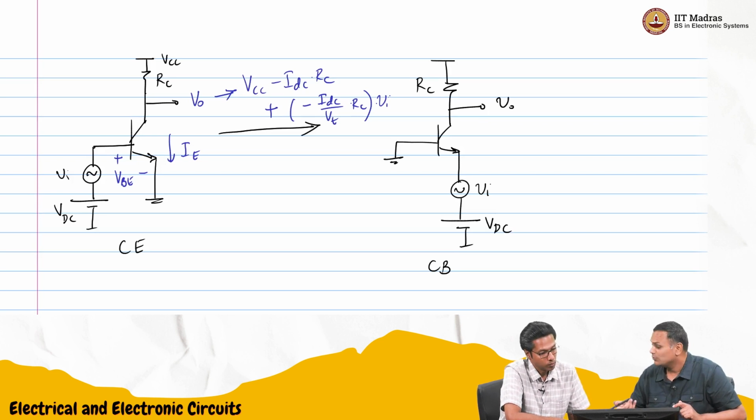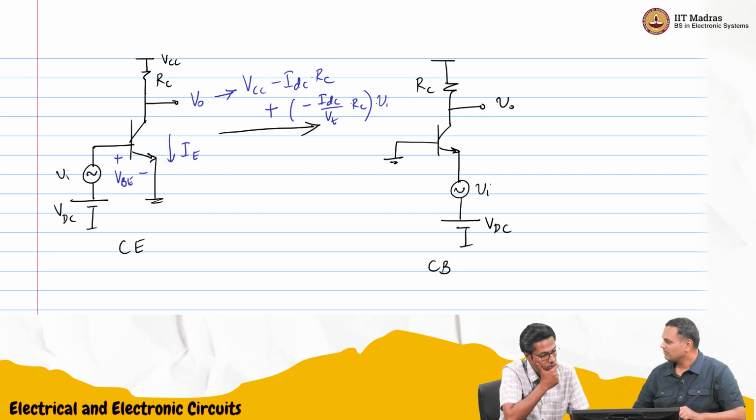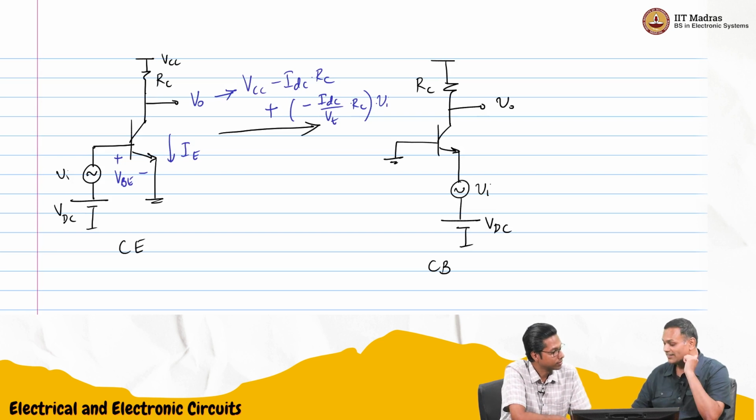Now we can do the same thing for this, but I don't want to write down all that mathematics. So the second time we can straight away take the small signal alone, if we are interested in that. Will it be minus or plus?